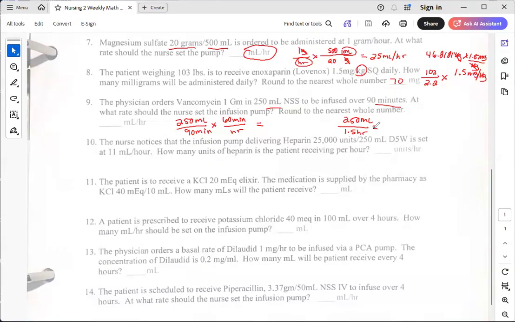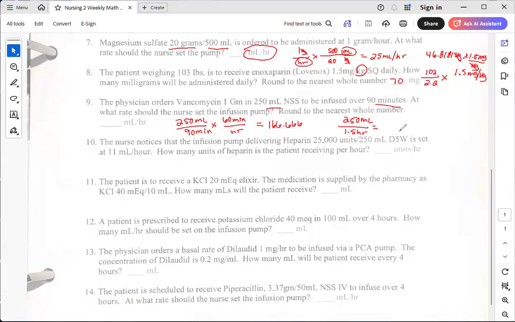So I'm going to take 250 times 60 divided by 90, and I'm going to get 166.6 repeating. So 166 point, and then a bunch of sixes.